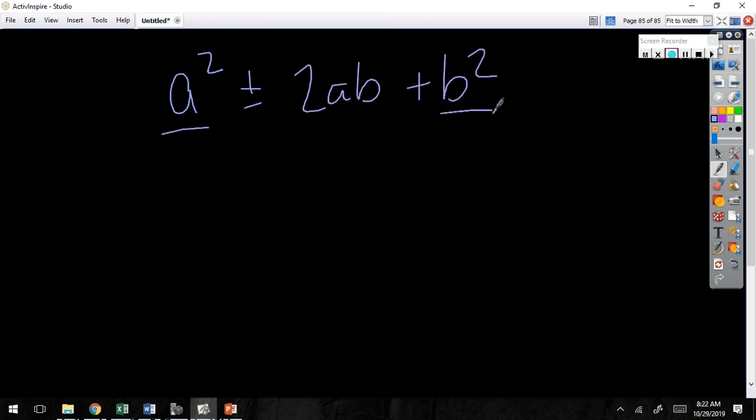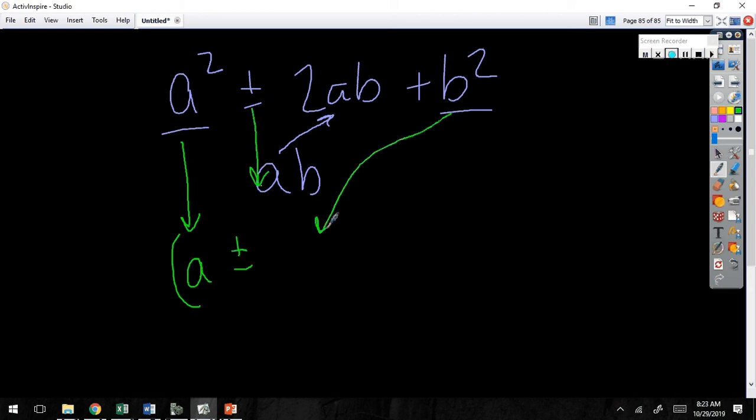So if you think back to whenever we did that chapter P, if the two ends are perfect squares, and if you take the square root of the first one and the square root of the second one, if you multiply them together and double them and you get what's in the middle, then to factor it, you do the square root of the first, whatever this first sign is, and the square root of the last squared.